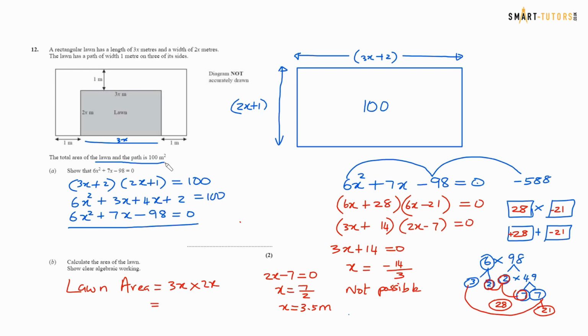So 3 times 3.5 times 2 times 3.5. So this is 10.5 times 7. So the answer I get is 73.5 meters squared.